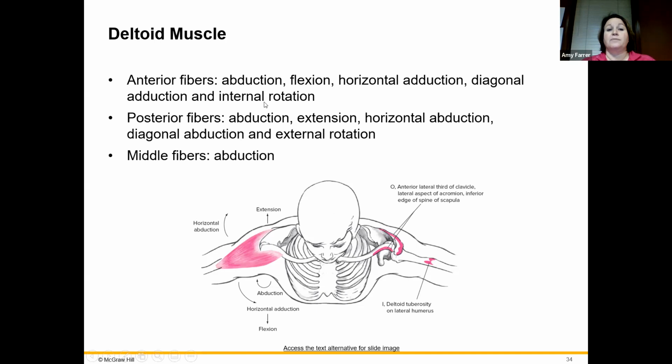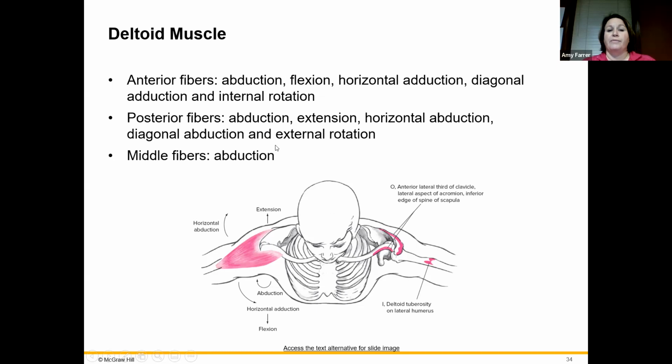It is responsible, it's kind of like the trap, divided into 3 parts. If it's on the anterior, it is going to be responsible for flexion, horizontal adduction, some diagonal adduction, and internal rotation. All of the fibers will help with abduction because they generally are going to work together.